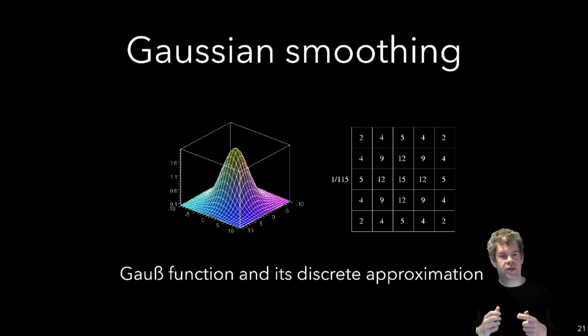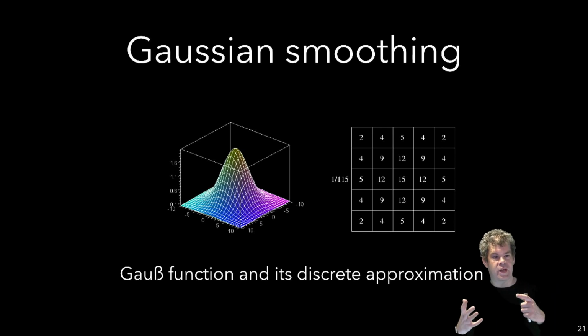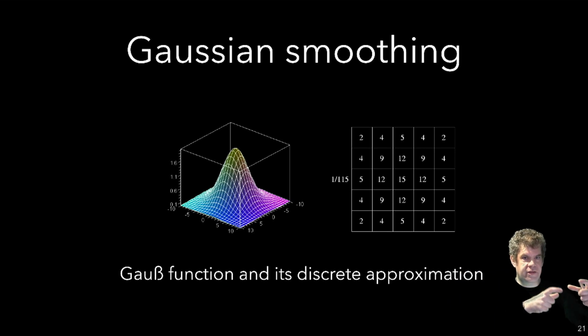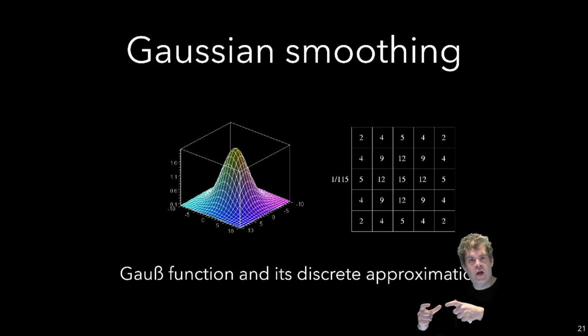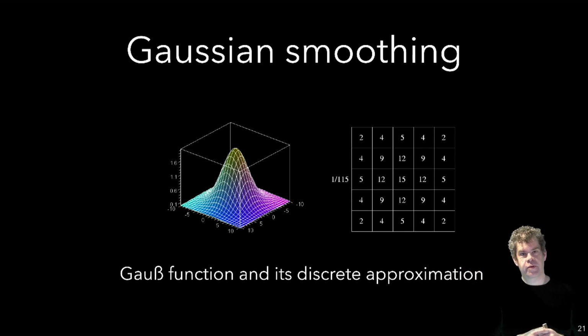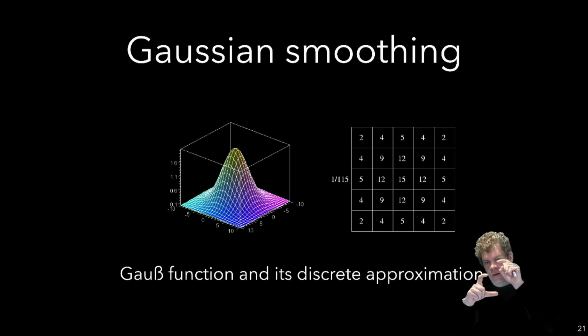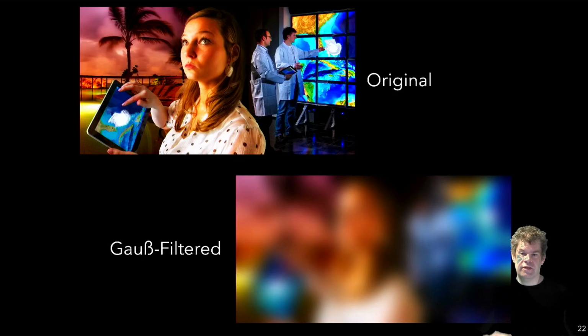So I divide everything by 115 to, again, get it to normalized state. If I now plug that filter, that convolution filter, onto each pixel of my input image and check the products of the filter value with the image, then sum it all up, divide it by 115, I, for instance, get this image here for my example.